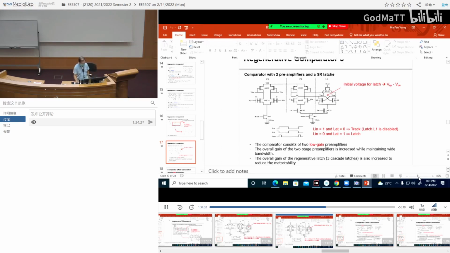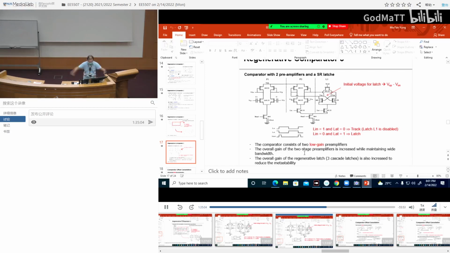Okay? So previously they played a trick that they share the preamp load. Now in this circuit, they play the trick that they share the bias current here. Okay, so you can see two low gain preamps, P1, P2. Okay? And why do you use two-stage?